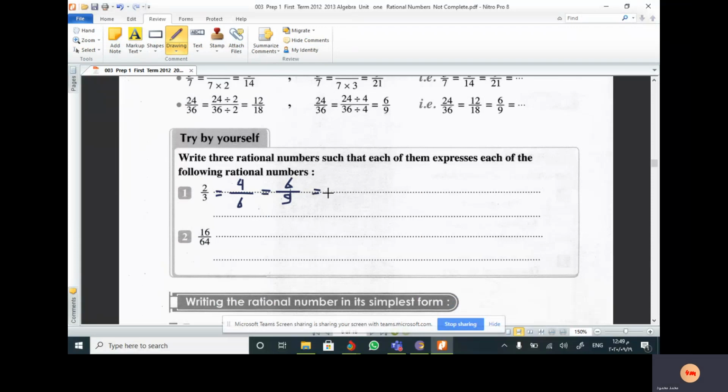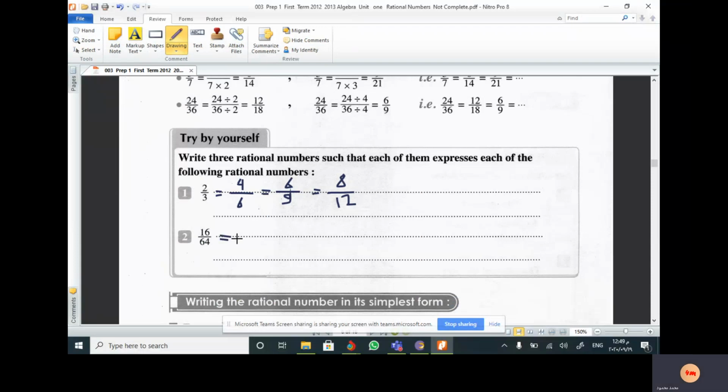You can write another one by multiplying by 4. 2 times 4 will be 8, 3 times 4 will be 12.